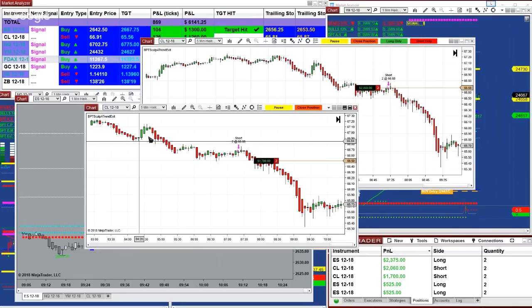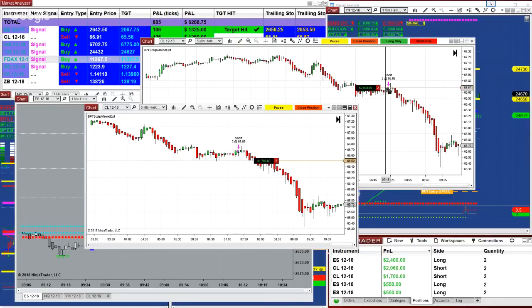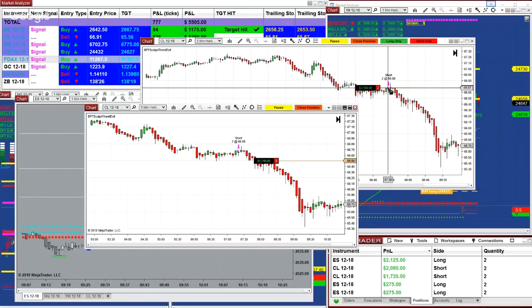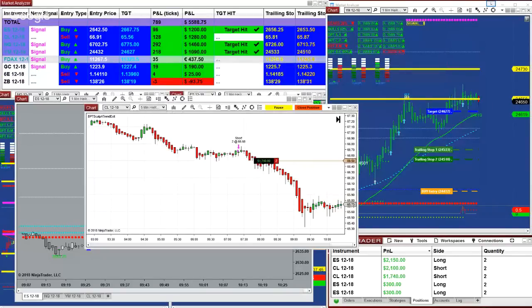Actually, they are the same, but one took the trade at 66.68, and this one at 66.66. So this is the filtered one. It was a few seconds. The entry is at 66.66, and this one here is 68. So those are the two different ones on the filter, but that's how it is.